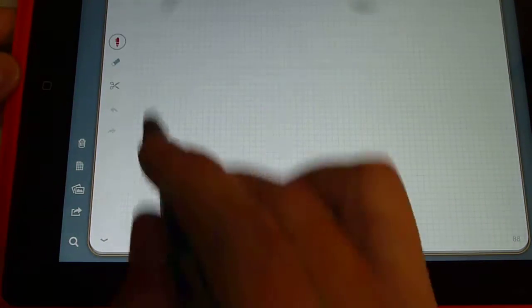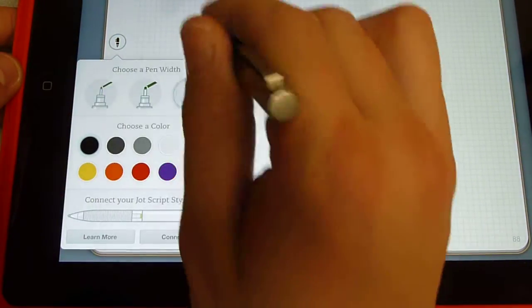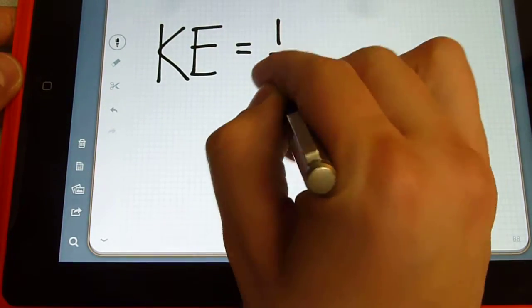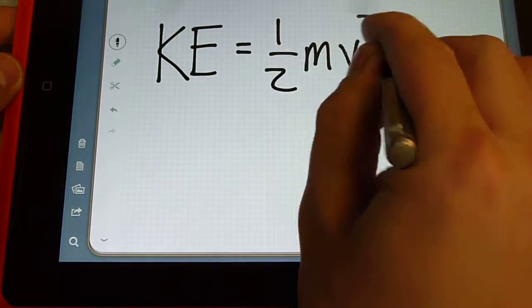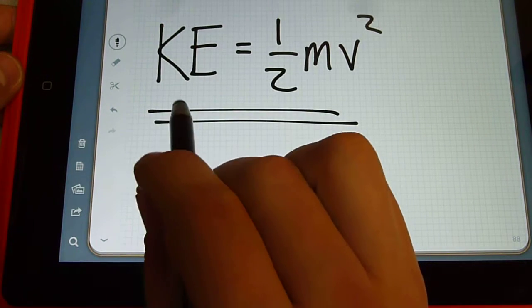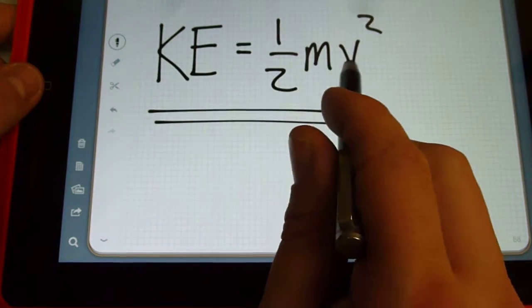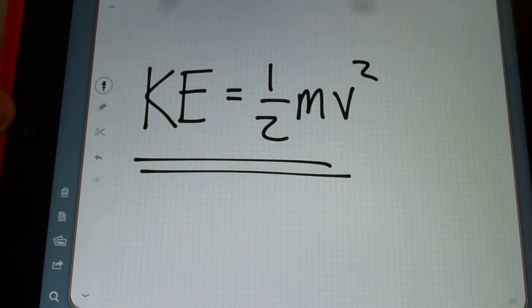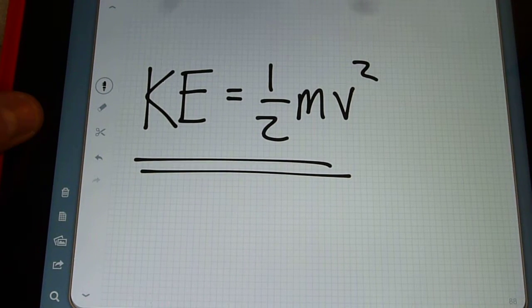So that tells me my overall general form for kinetic energy. My kinetic energy is equal to 1/2 mass times velocity squared. So I can look at an object moving with a speed v that has a mass m, and I can tell you the kinetic energy of that object using this straightforward calculation.